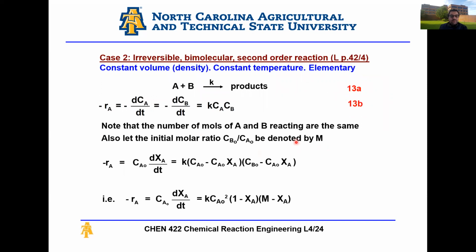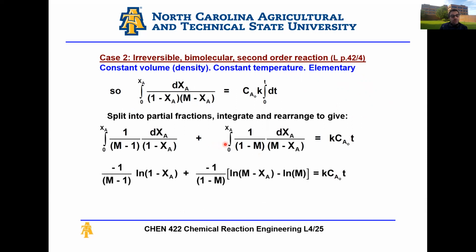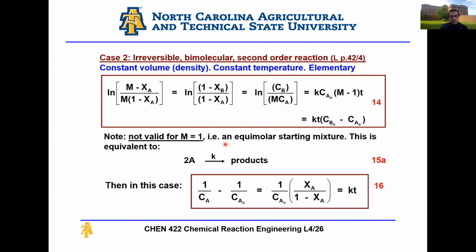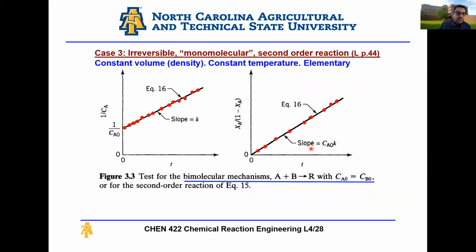So in this case, M is equal to CB naught divided by CA naught. Okay, and this expression is not valid for M equals 1. So if you have an equimolar starting mixture, you should be aware that I need to use a different expression, right? And just be aware of this idea when solving problems or if you get faced with this type of problem.